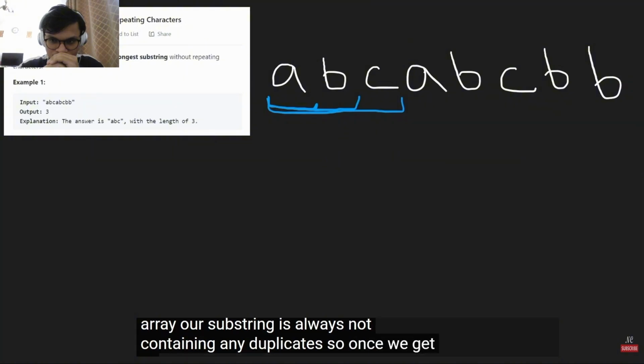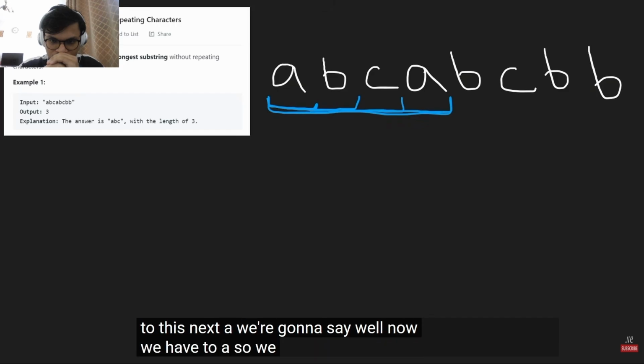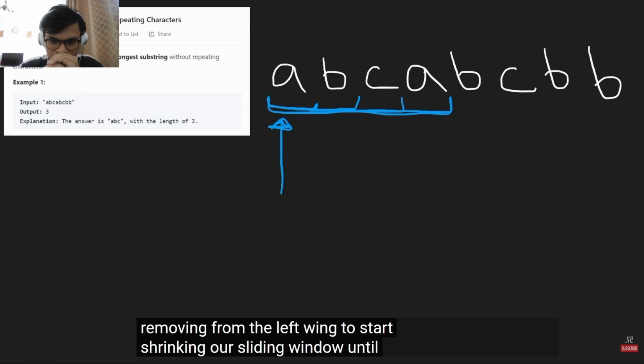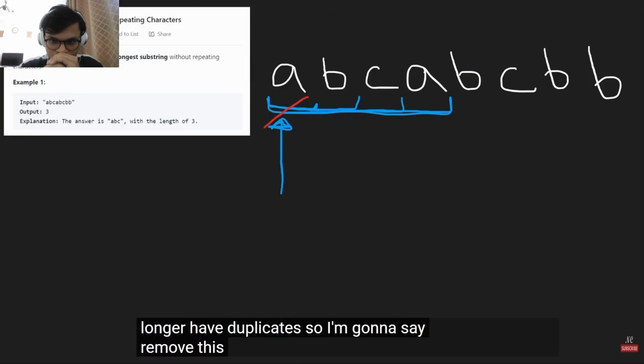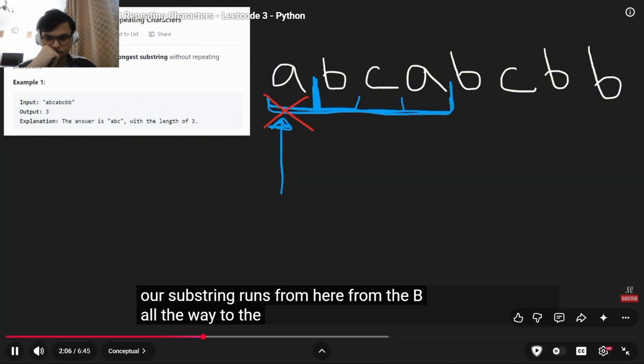So once we get to this next A, we have two A's. So we need to start removing from the left. We need to start shrinking our sliding window until we no longer have duplicates. So I'm going to remove this one from our substring. Now our substring runs from the B all the way to the A.